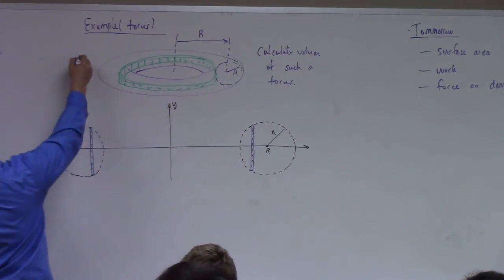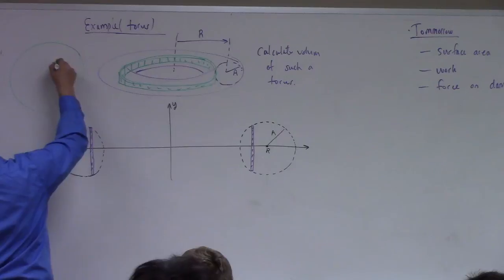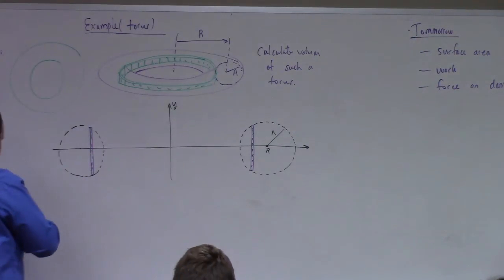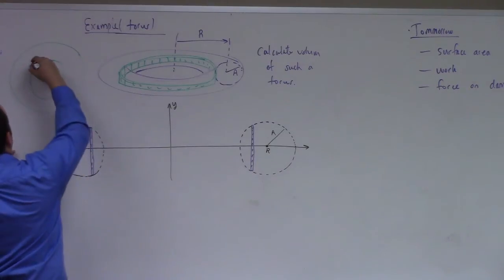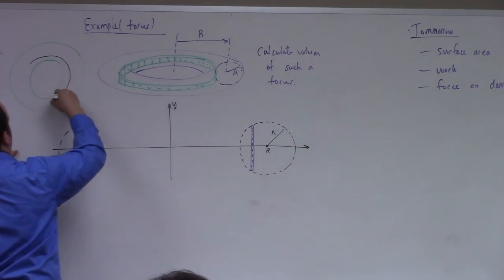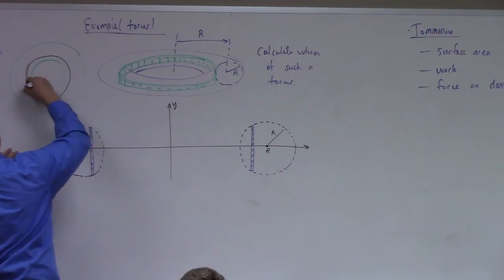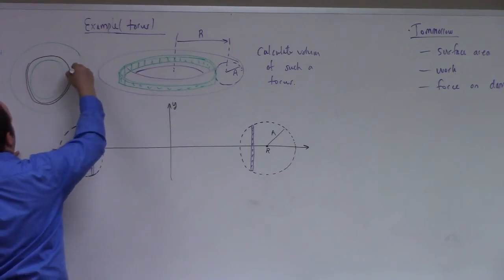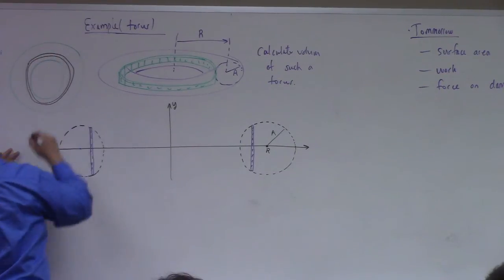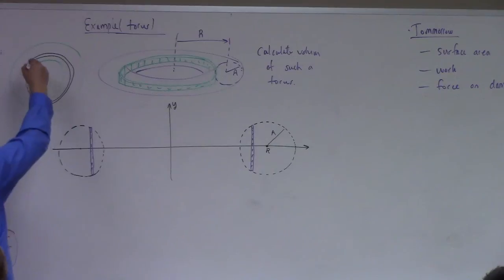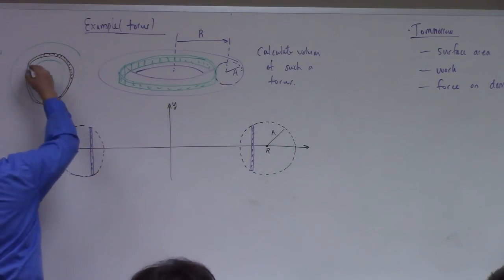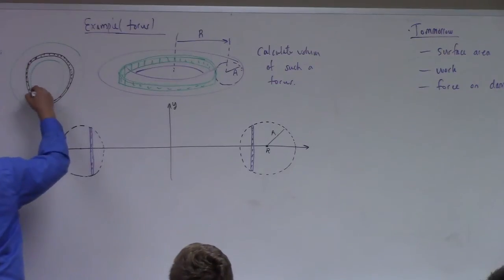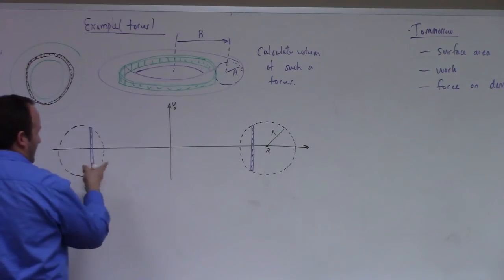If I draw the donut from the top view, the cylindrical shell looks something like, I tried. That was supposed to be a circle. It's getting worse. So here's the cylindrical shell from the top. Sad. Oh well. This is not bad though.